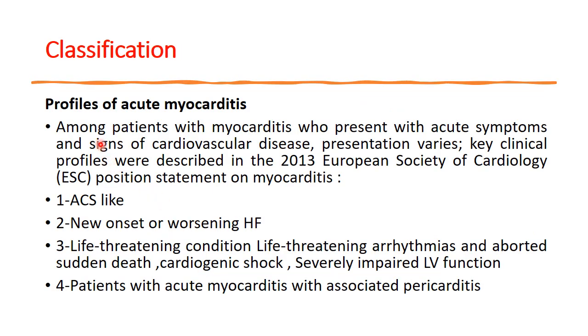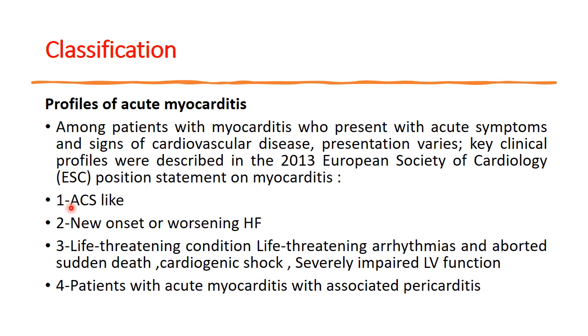Let's start with the profiles of acute myocarditis. Among patients with myocarditis who present with acute symptoms and signs of cardiovascular disease, the presentation may be variable. Key clinical profiles were described by the European Society of Cardiology position statement on myocarditis in the following categories.